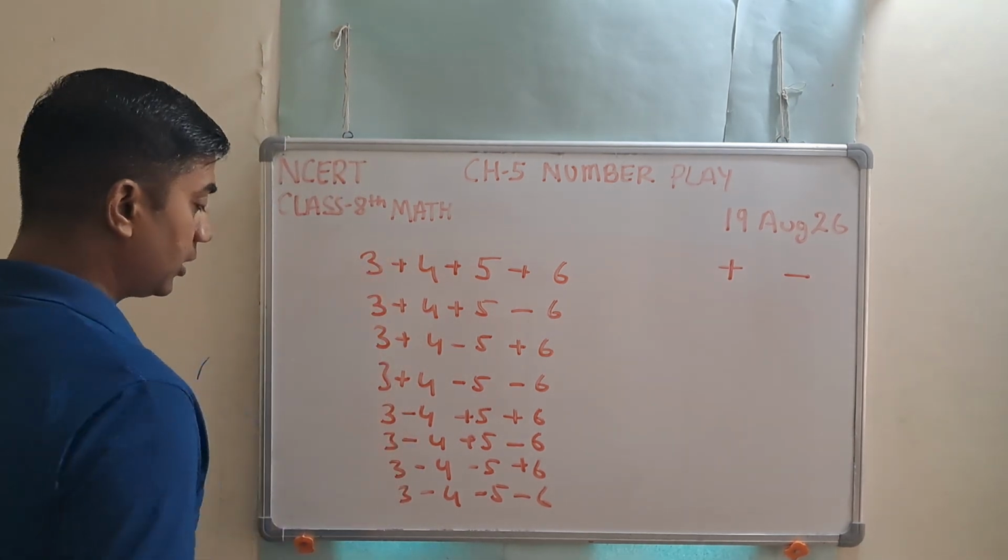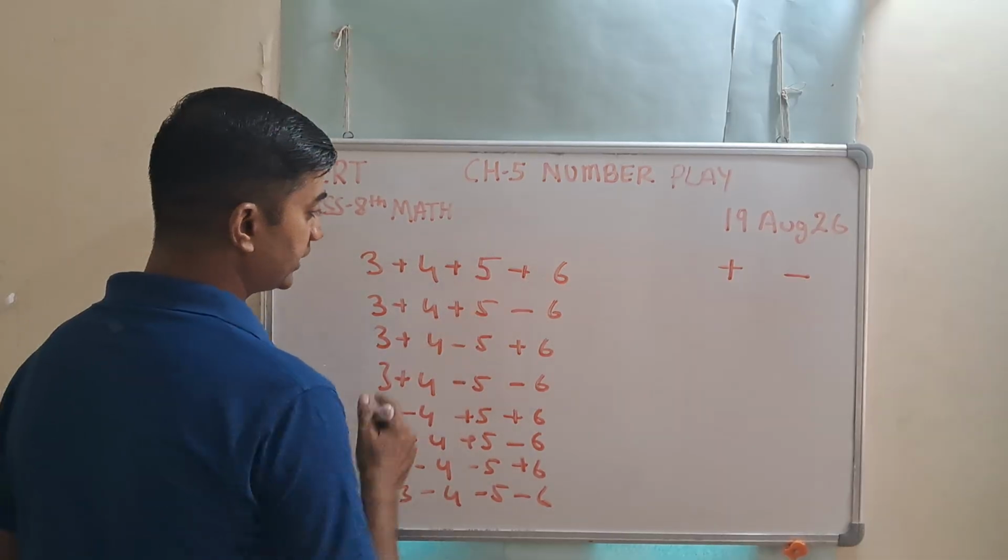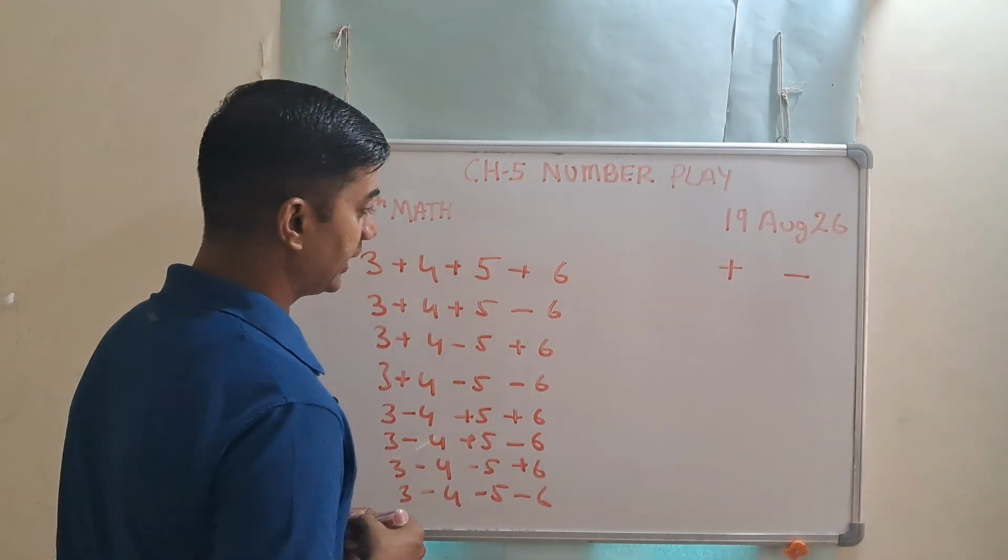So these are all the possible combinations with these 4 different numbers, and let's see the result.